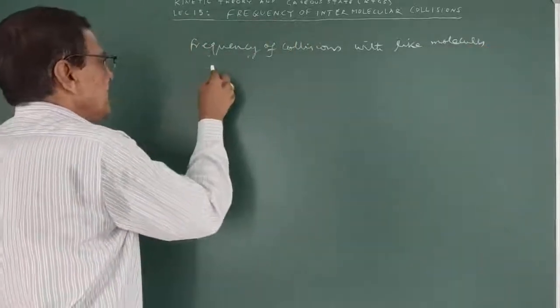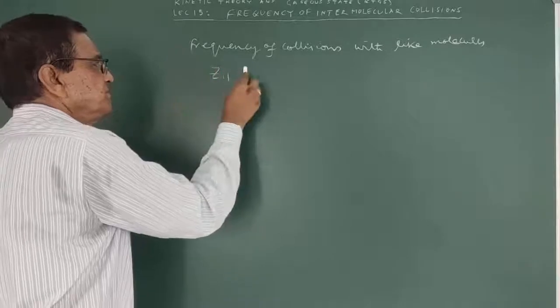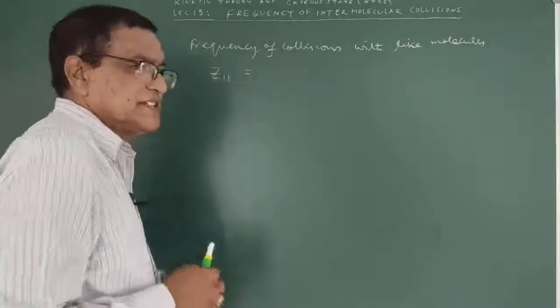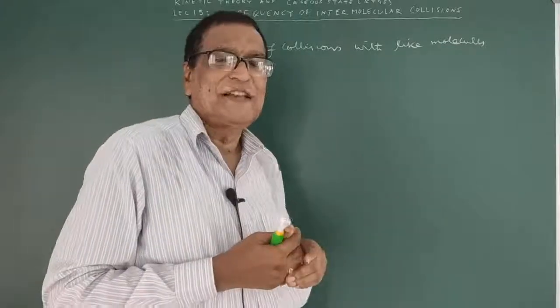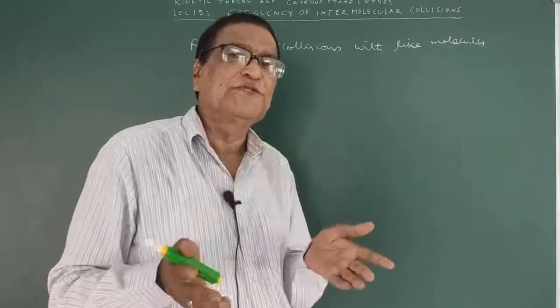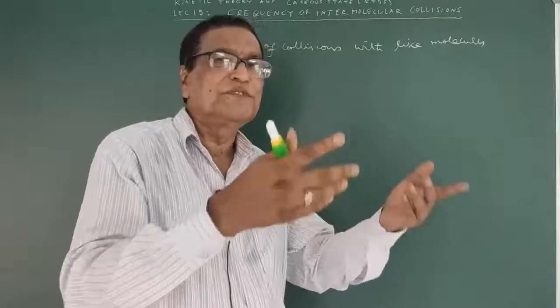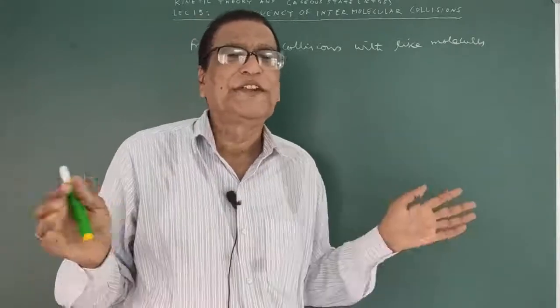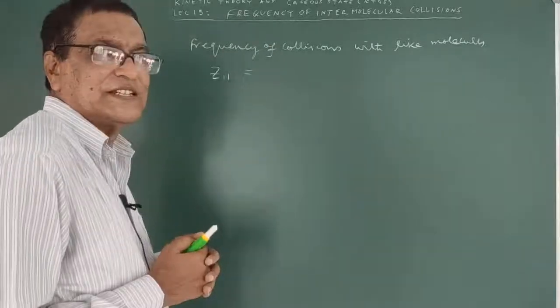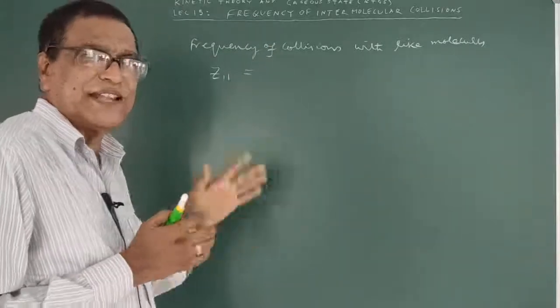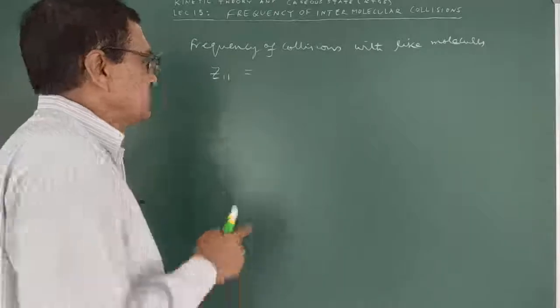This is represented as Z11, meaning it is the number of collisions made by the molecules in unit volume of this gas in unit time. So it is represented by Z11, for like molecules or similar molecules.